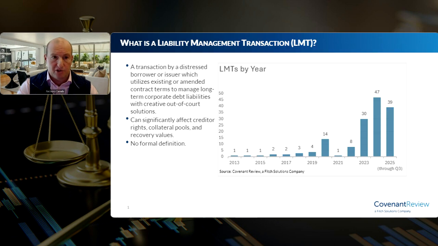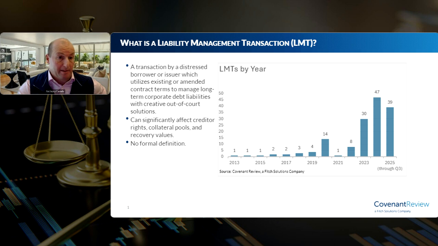So let's kick things off with discussing what a liability management transaction is, a brief recap of this, which we also covered last week. There is no real formal definition of a liability management transaction, but at Covenant Review, we generally consider an LMT to be a transaction by a distressed borrower or issuer that utilizes existing or amended contract terms to manage long-term corporate debt liabilities with some creative out-of-court solutions.